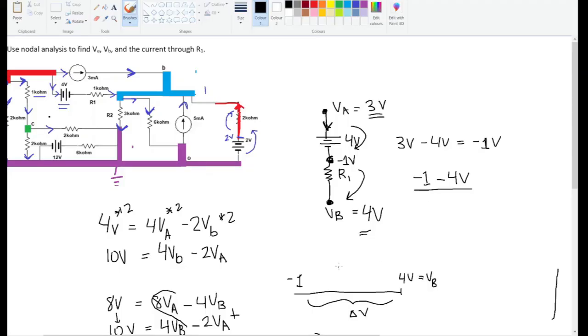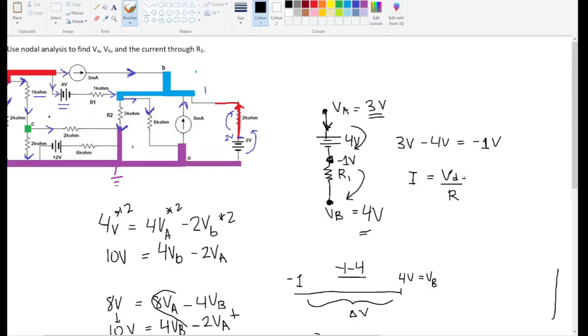So the difference between two numbers is a subtraction, right? So that's going to equal negative 5. So the difference, the voltage difference, let's step back a bit. So you remember the current through a resistor is equal to the voltage drop across that resistor divided by the resistance.